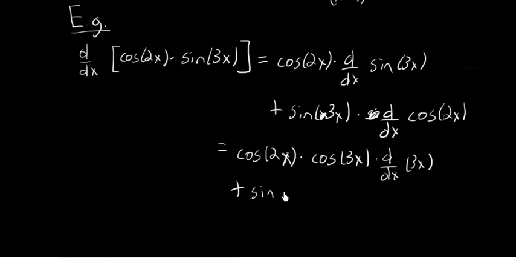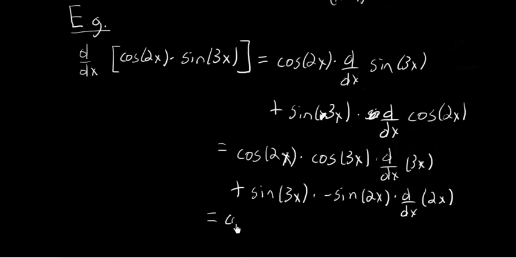And then we have here the sine of 3x times the derivative with respect to x of cosine of 2x. That's going to be negative sine of 2x times the derivative with respect to x of 2x. And that's just 2, so we'll go ahead and take out the derivatives and actually evaluate these derivatives here.